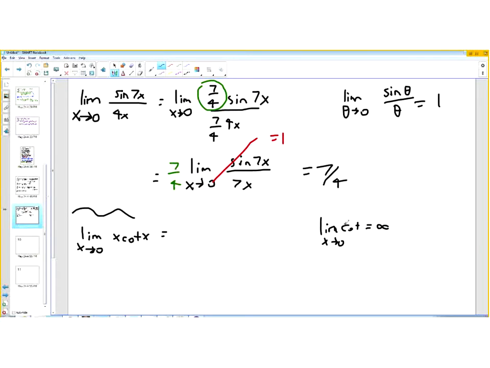Cotangent is cosine over sine, and when you send the denominator to 0, you shoot off toward infinity.